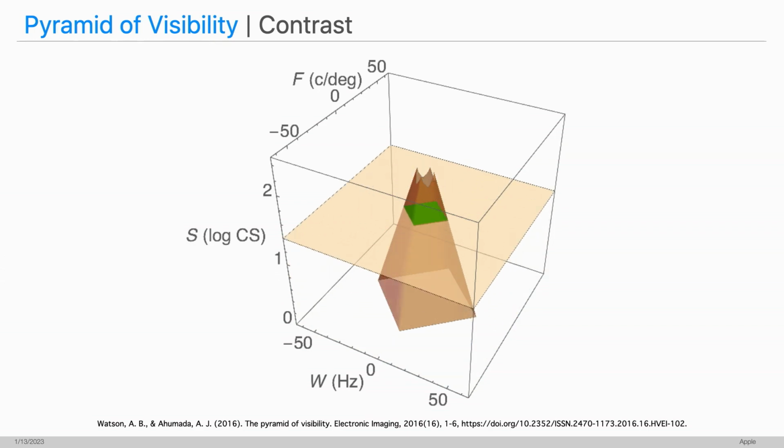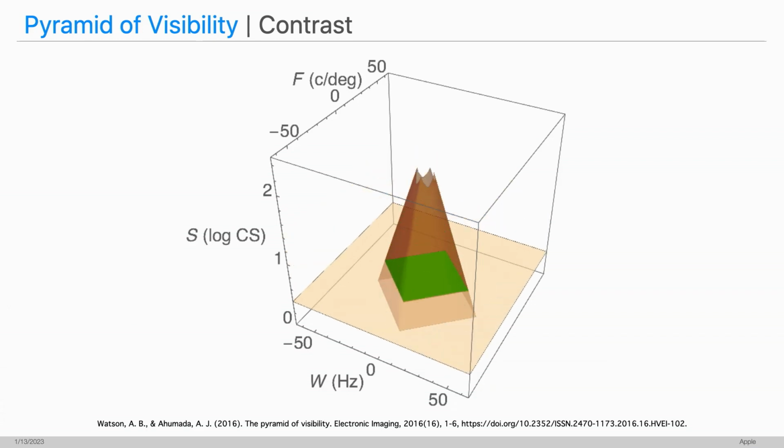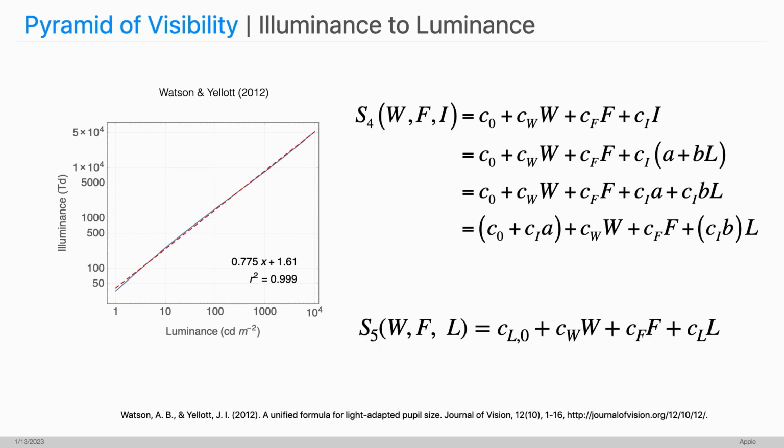As I said, the retinal illuminance is the product of the pupil area and the luminance. Now, a while back, we developed a formula for the way in which the pupil changes in response to adapting luminance. And I won't go into the details of that formula, but what it allows you to do is to make a plot over here on the left of luminance and retinal illuminance related to one another.